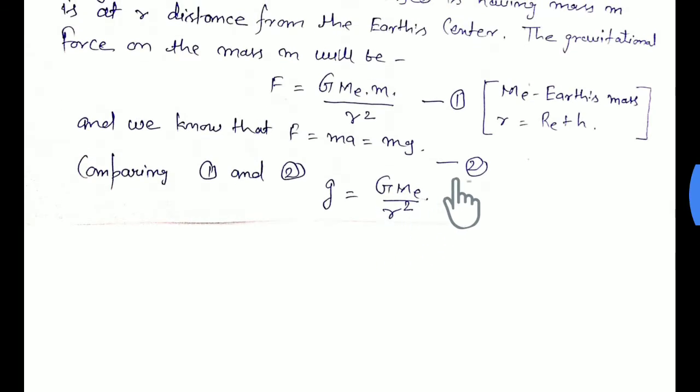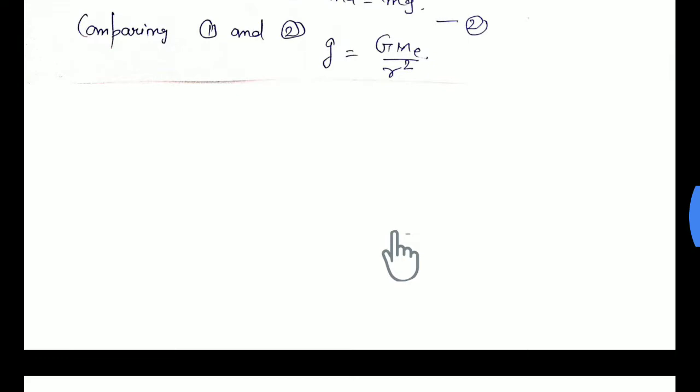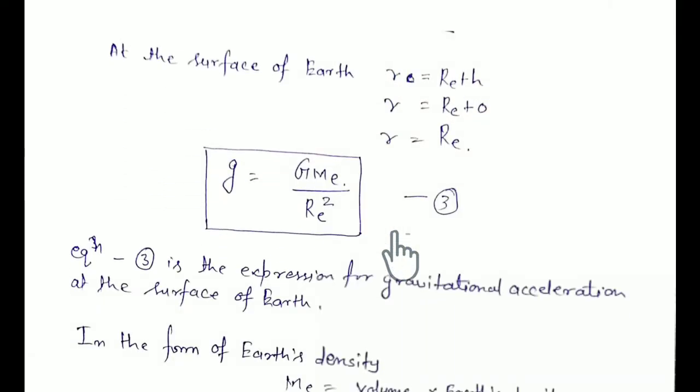After comparing equation 1 and 2, we get small g is equal to capital G Me upon r square. If we assume the object at the surface of earth, and we want to know the value of gravitational acceleration at the earth's surface, r is equal to Re plus h, and at the surface of earth h will be equal to 0.